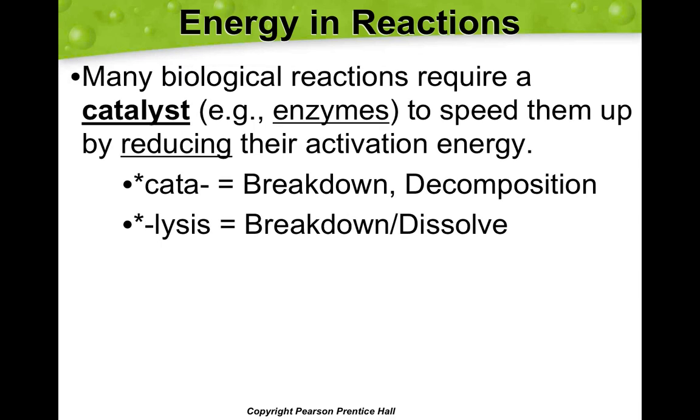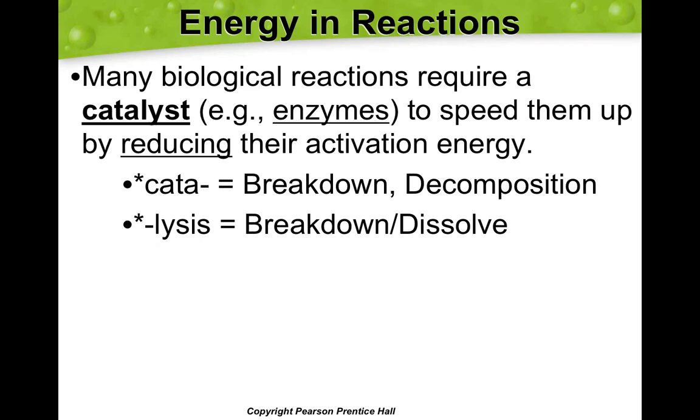Okay, now, there are things in your body called catalysts, and these are also called enzymes, that their entire job is pretty much to just speed up chemical reactions. And how do they speed up chemical reactions? They do this by reducing the size of that hill, that activation energy that I was talking about on the last couple slides.